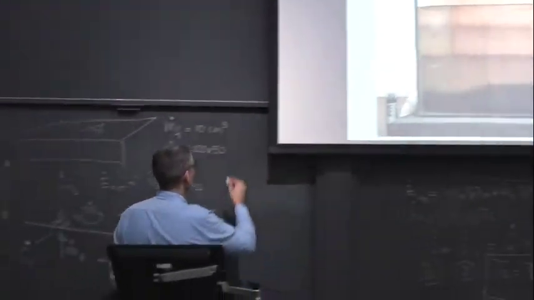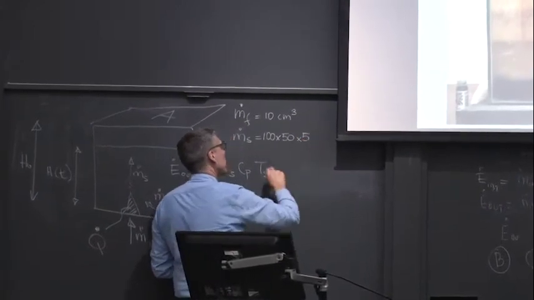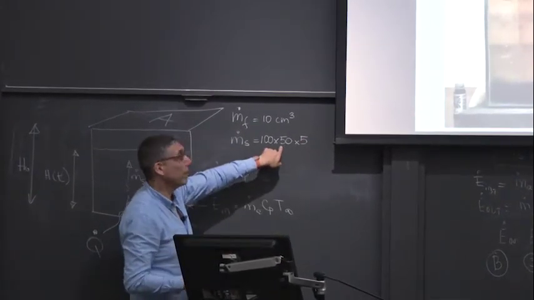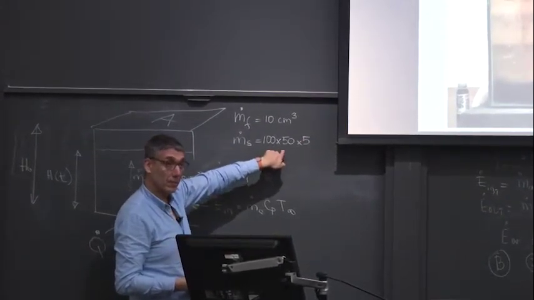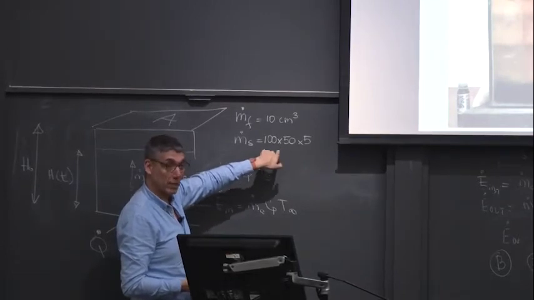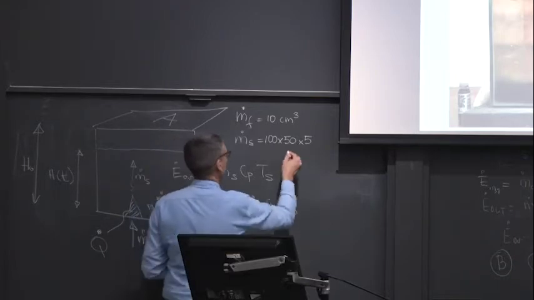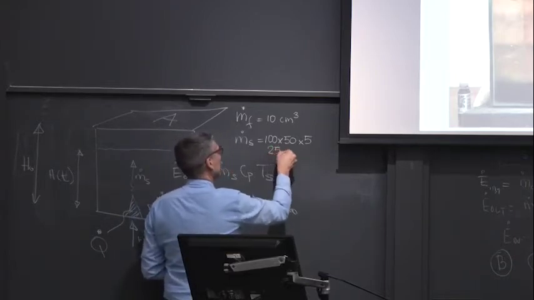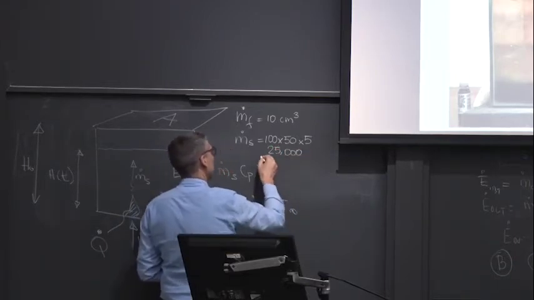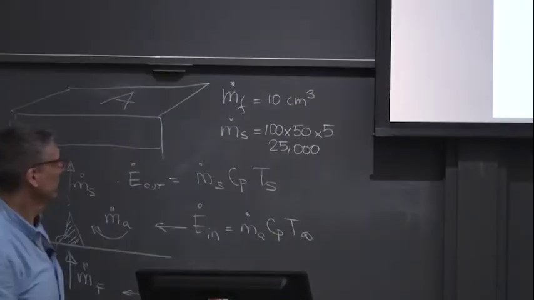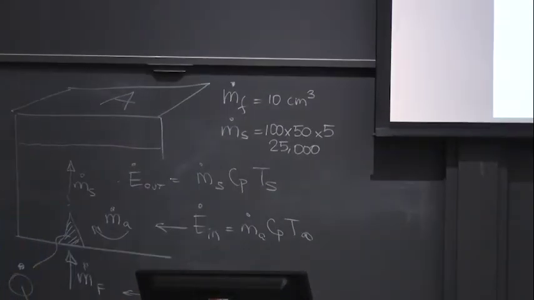Is that okay? So 5 times 50 is 250, times 10 is 2,500, times 100 is 25,000. Are we all happy with that? 25,000 cubic centimeters.